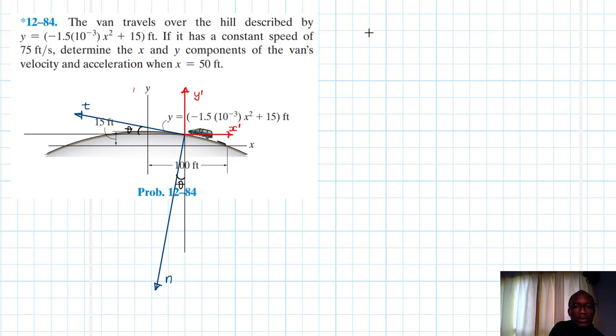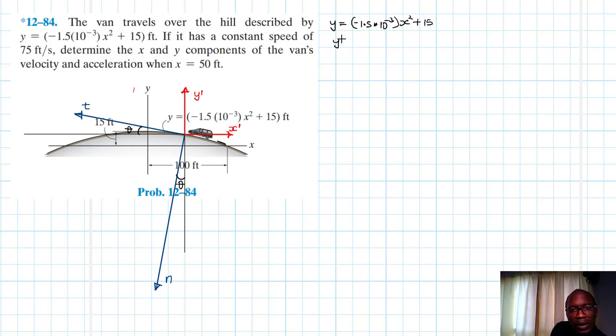So what do we start with? We have y is equal to minus 1.5 by 10 to the power negative 3 x squared plus 15.